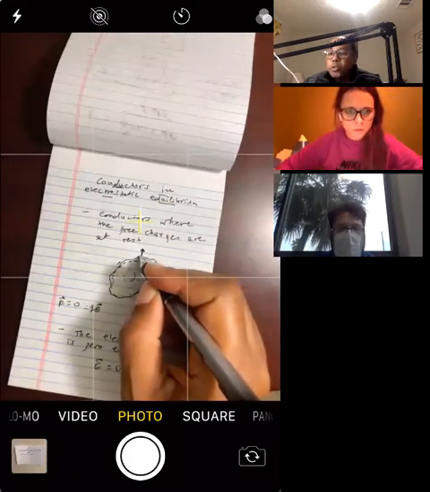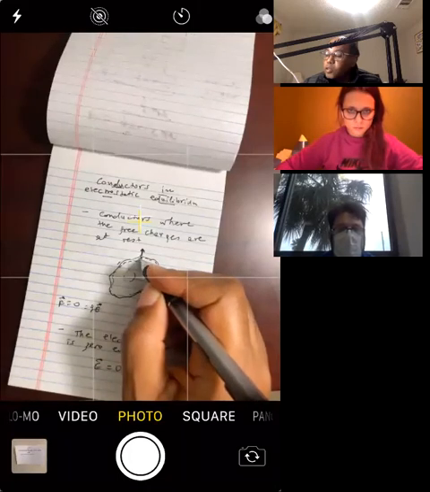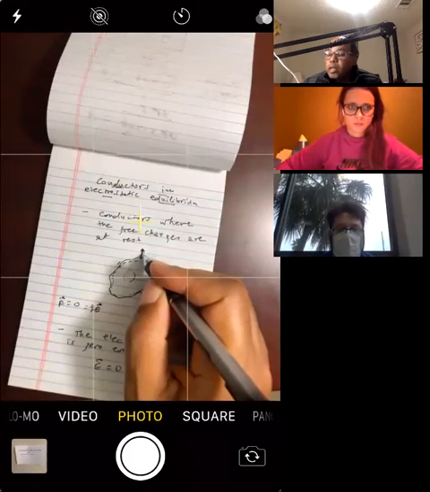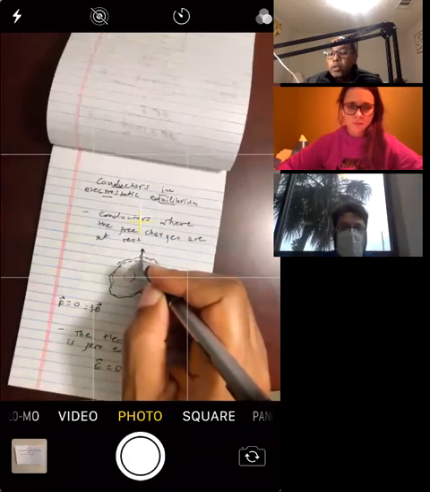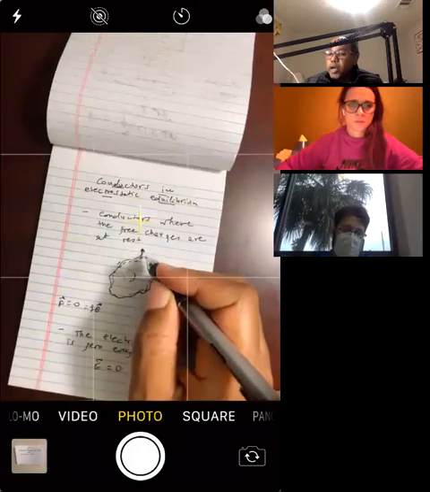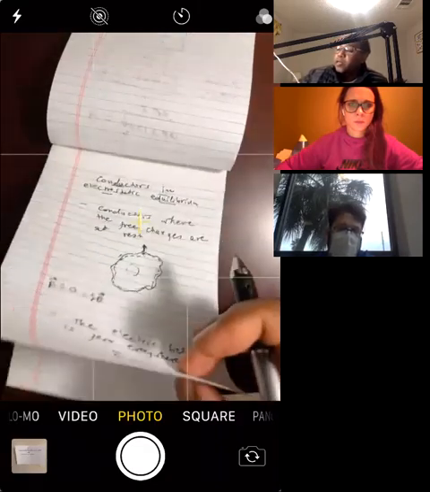So the electric field just outside cannot have a component parallel to the surface, because these charges are not moving. So the conclusion is the electric field just outside a conductor is perpendicular to the surface of the conductor. So that's another conclusion we can make.